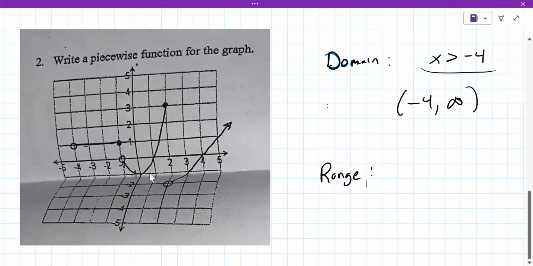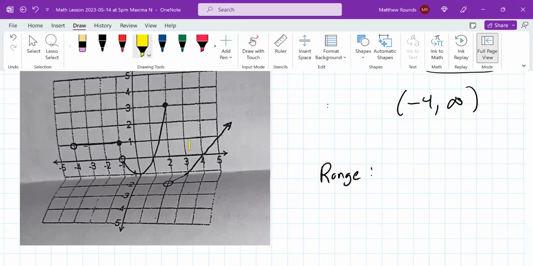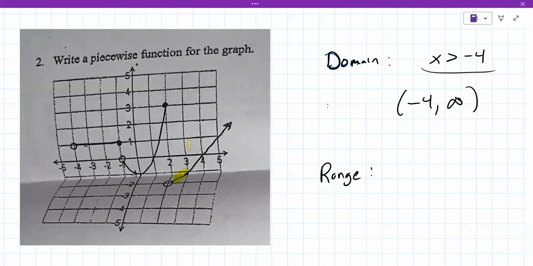I haven't had to explain this in a while, but there's this part of the line right here that makes up for the gap right there. And then this part of the line here makes up for the y gap there. And the fact that this goes up forever means that every y value starting at -2 is possible.